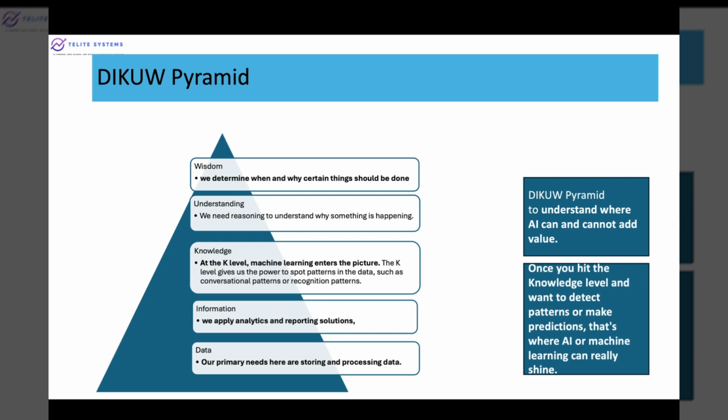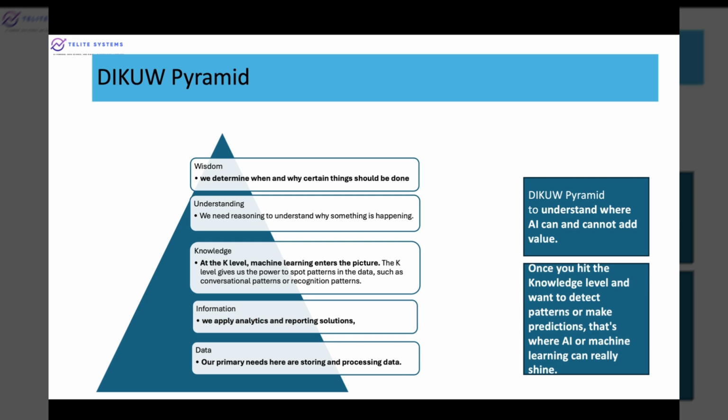Then comes information. I stands for information. We apply analytics and reporting solutions. So in data, we get the raw data, and in information, we do analytics. Then knowledge, that's where the AI comes into the picture.